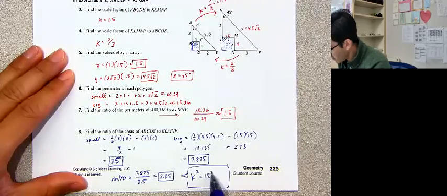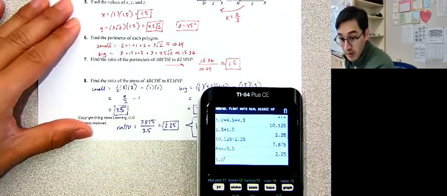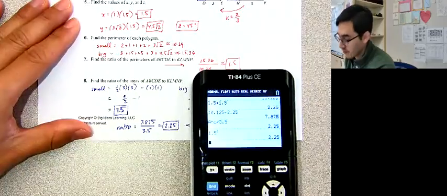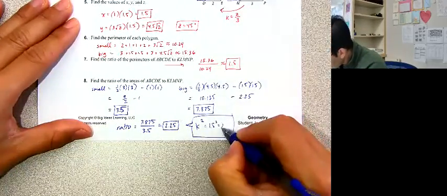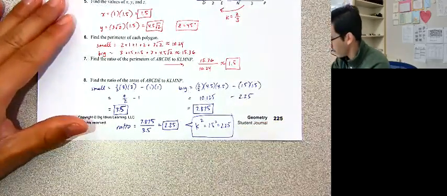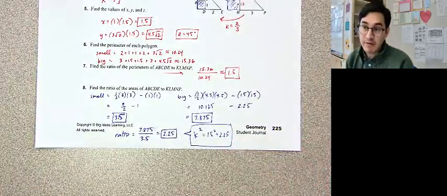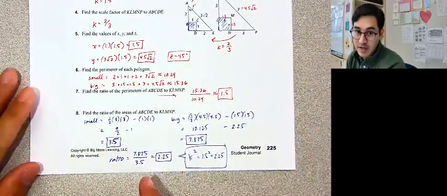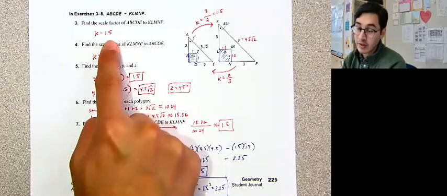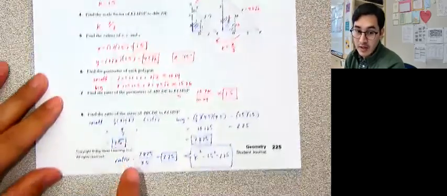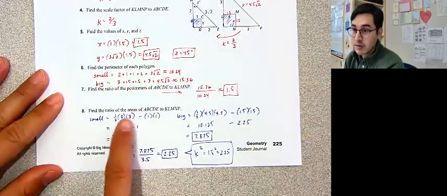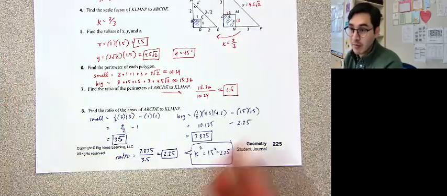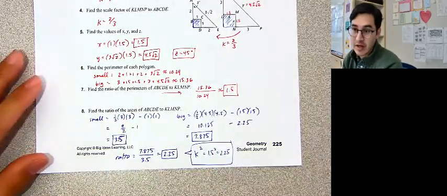So that's 1.5 squared, you would get 2.25. So had we known that fact ahead of time, right, then we could have skipped all this and just said, all right, well, since I know the original scale factor, I'll square it, and that'll tell me how the areas are related to each other. Okay, but we went through the math to show you that it actually works out.